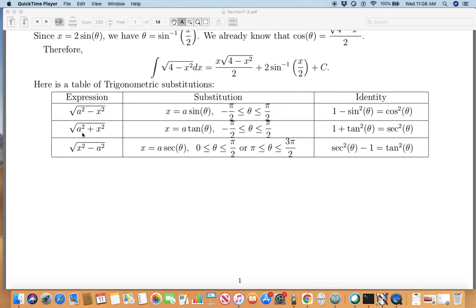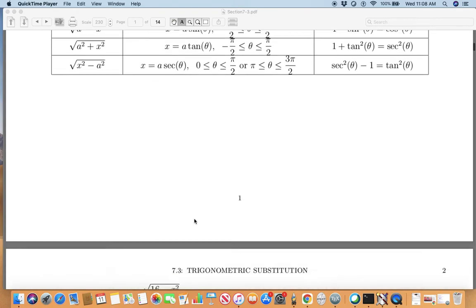Square root of x squared minus a squared, that is x comes first, then x should be a secant theta. So these are different domains for your thetas for the functions to be properly defined. Okay, so remember: constant minus x squared, sine; constant plus x squared, tan; x squared first, then minus a constant squared, secant.